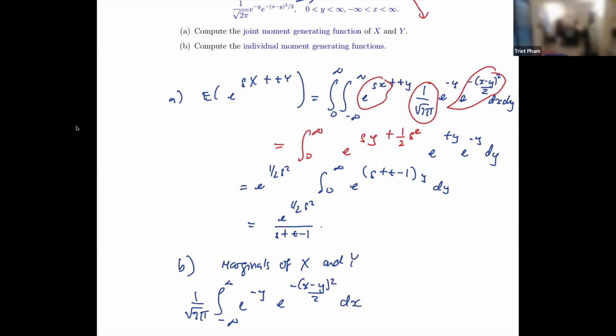You get 1, because that is exactly the PDF of a normal with mean y and variance 1. So the answer here is just e to the minus y, which is the PDF of Y. Any question about this?